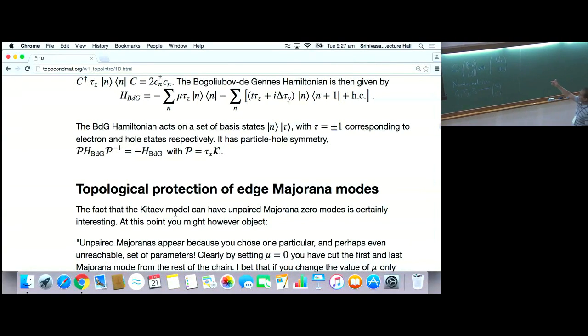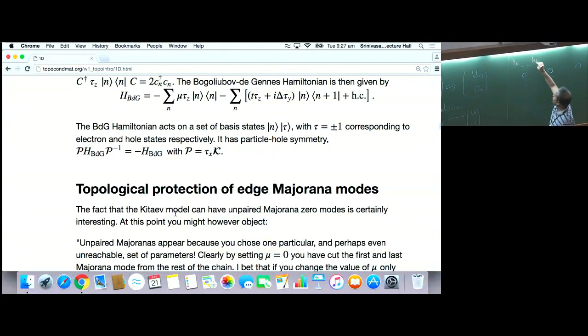I had a particle and hole operator for each, so I have a chain like the one we were drawing before. To correspond to the figures we had before, these are fermions, C dagger 1, C dagger 2, and each one of them has two Majorana fermions, gamma 1, and so on.